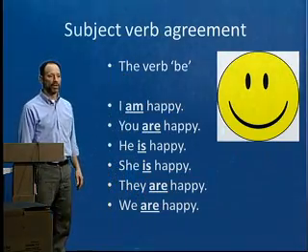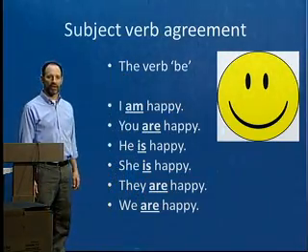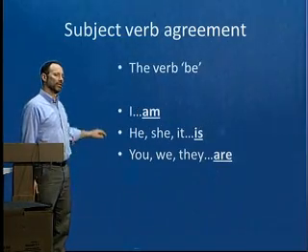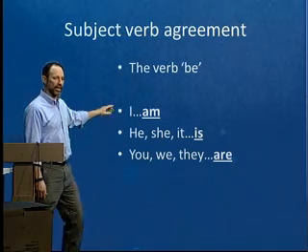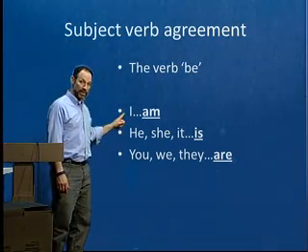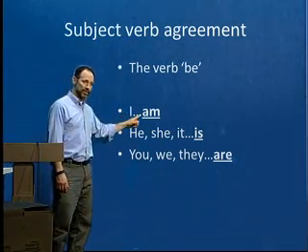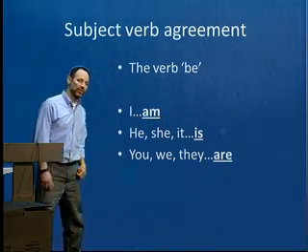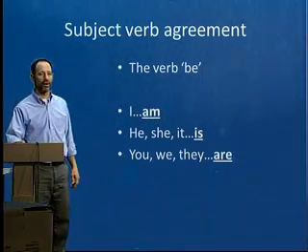Okay? They are happy, we are happy. So to summarize, for the verb be in present tense, I plus am, he, she, it, is, and you, we, they, are.